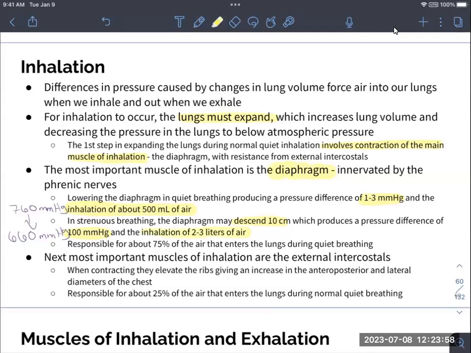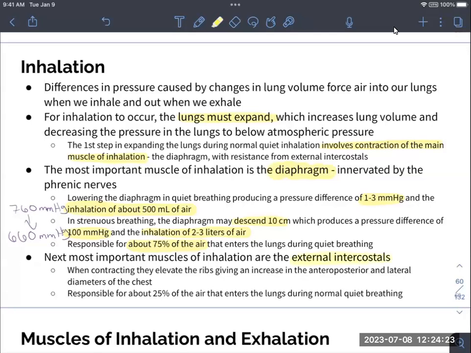Your diaphragm is responsible for almost 75% of the air that we take in. So most of that air comes from the diaphragm. So I said that's the most important muscle. It travels down, which increases that chest cavity the most.